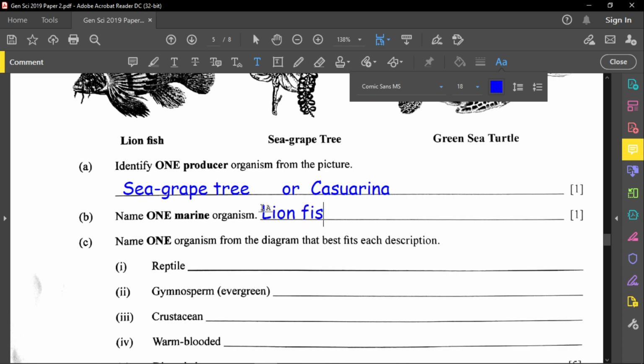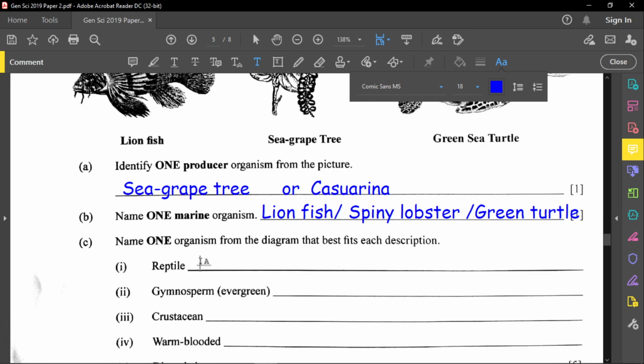You could also put the spiny lobster as well. All right, and you also could put the green sea turtle. We must put green turtle right here, that's for short. All right, great. So any of those will be a marine organism.